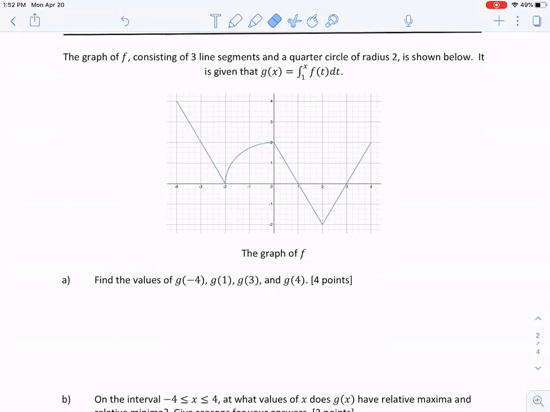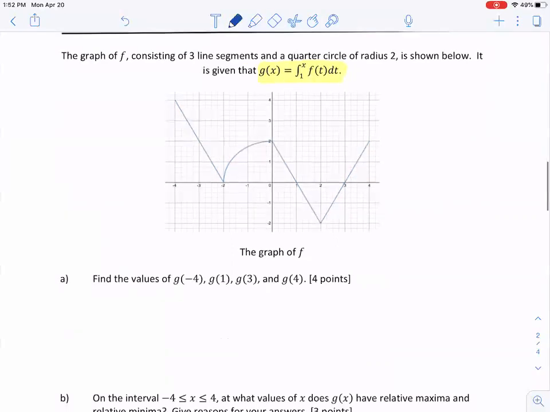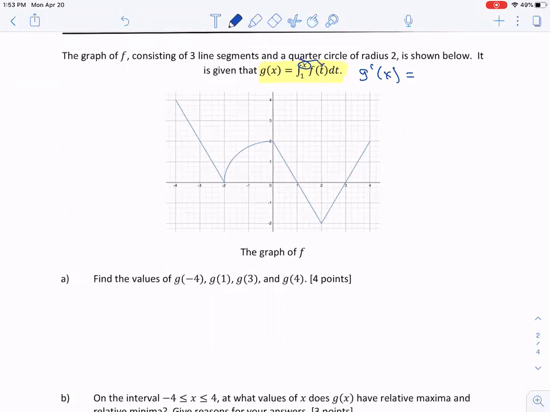Okay, well, as soon as I see this definition of g at x, I almost can't help myself, and I just know that fundamental theorem of calculus part 2 is going to tell me that the derivative of this, g prime at x, is equal to, I'm just going to take that variable and plug it into my integrand.